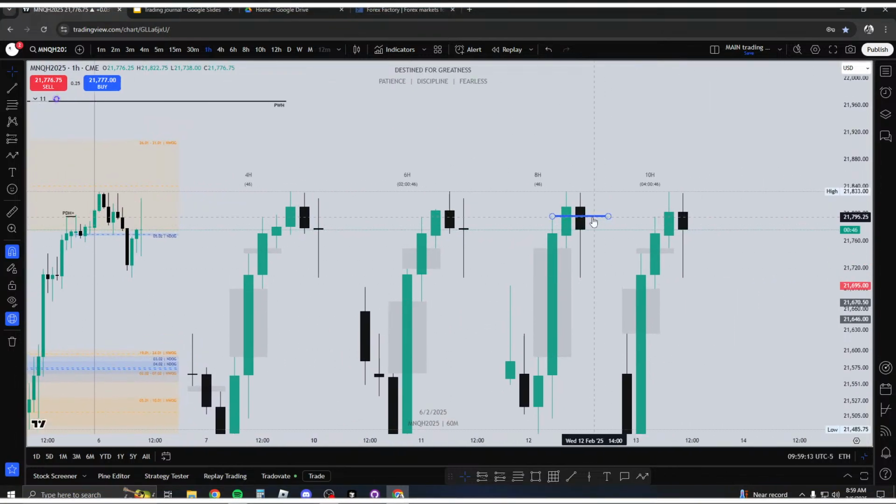So like I said, if we close here below this blue line, I would treat this 8-hour inefficiency as a gap that gets rebalanced.